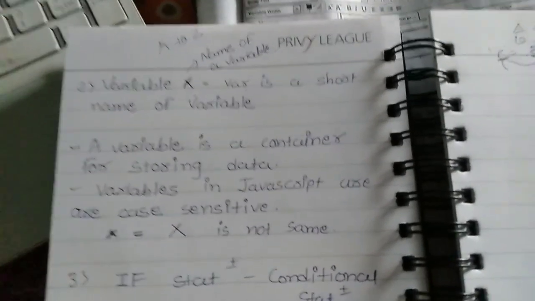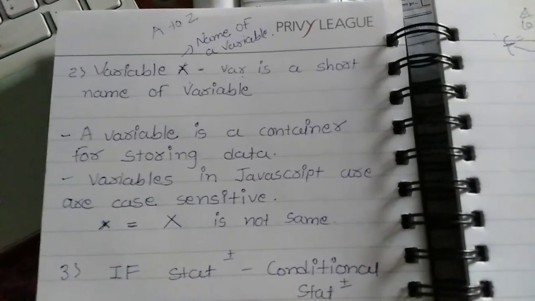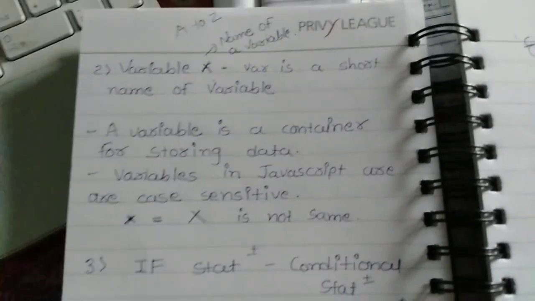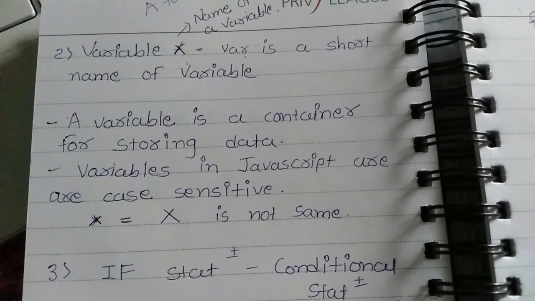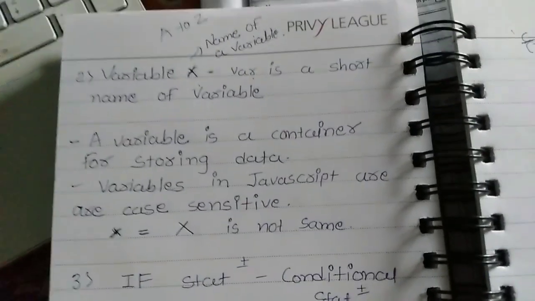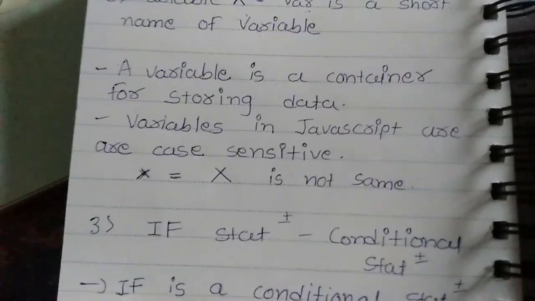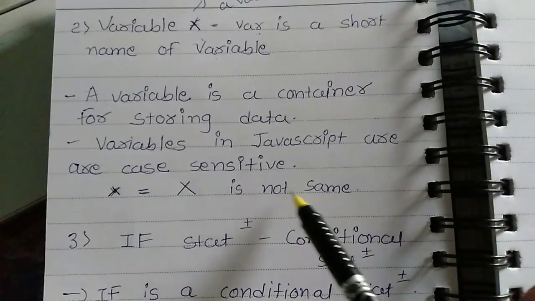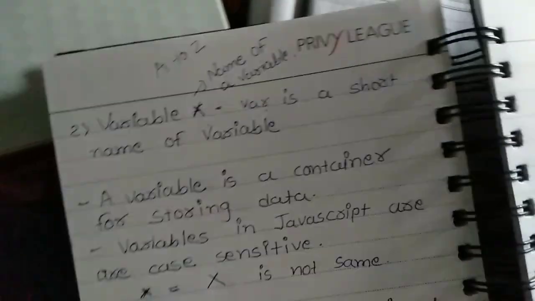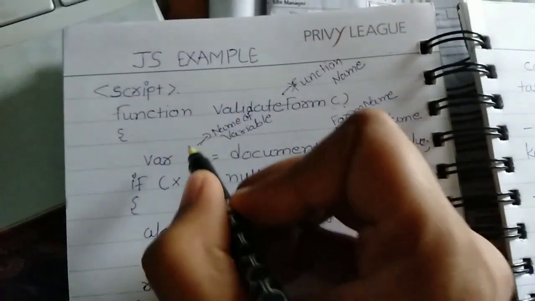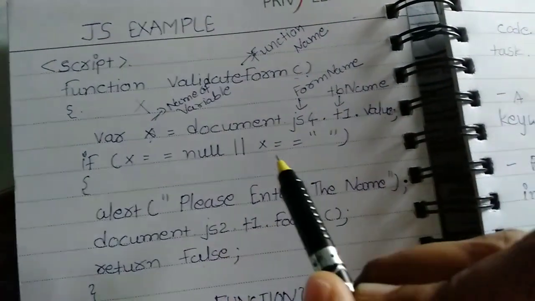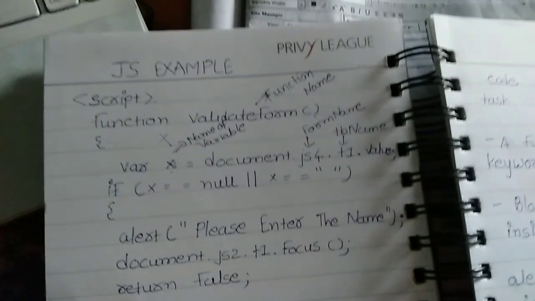Variables in JavaScript are case sensitive. Remember one thing, all this code is case sensitive and you have to write in small letters. Here small x and capital X are not the same. For example, I have written small x. If you want to write capital X, then you have to write capital X everywhere.